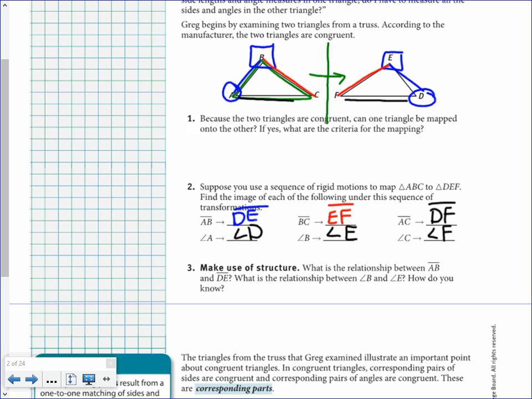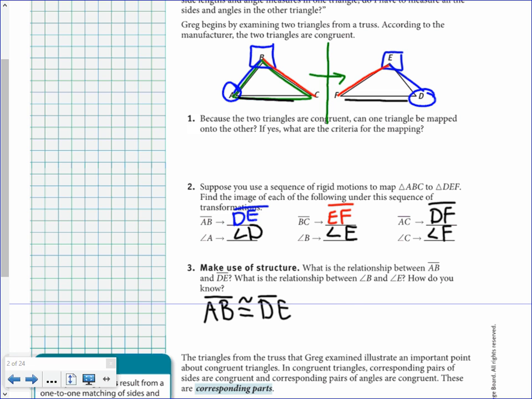So if you're looking at number 3, what is going to be the relationship between side AB and DE? And what's the relationship between angle B and angle E? And how do you know? Well, we know that AB is going to be congruent to DE.